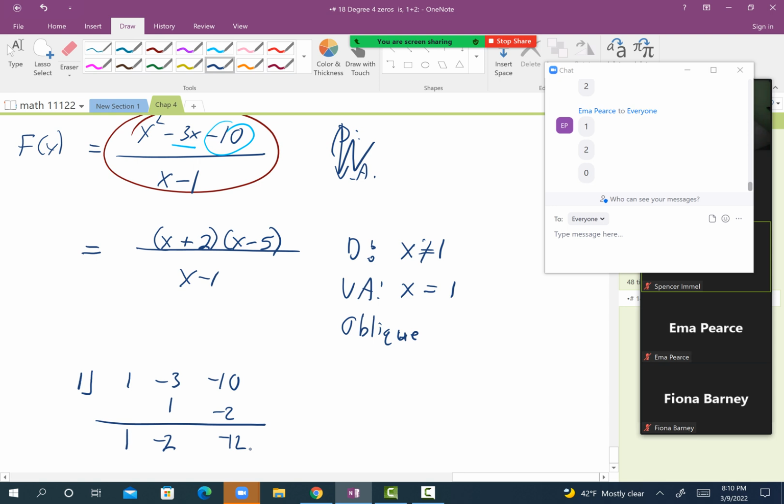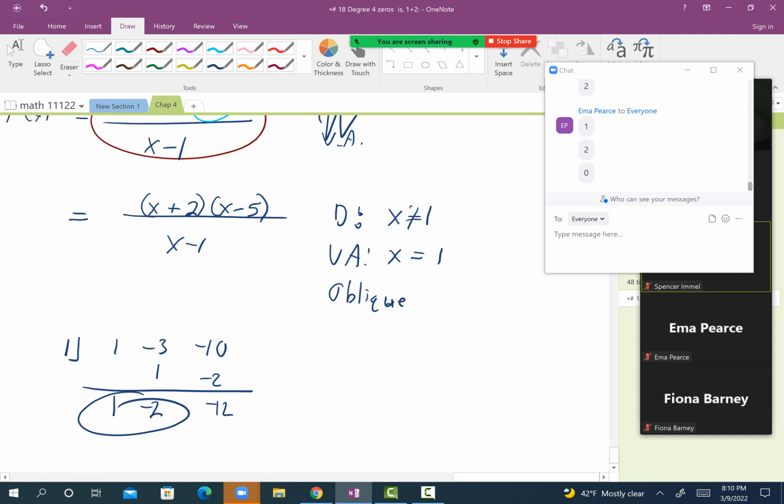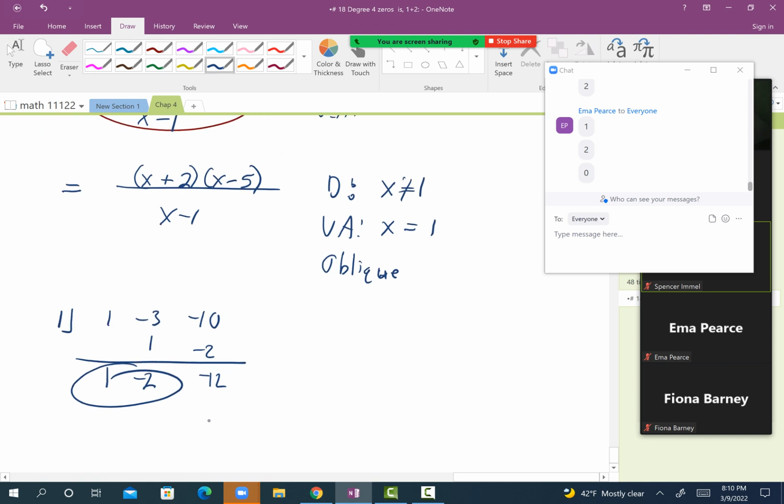I don't get a 0 because it's not a factor, but I'm not interested in that. I'm interested in this. Since this is a quadratic, it's just going to reduce down to a line. So it's going to be 1x minus 2, and the remainder is -12, but really I'm not interested in that.